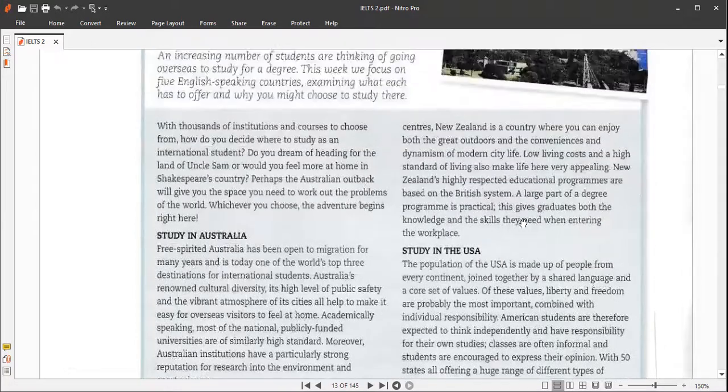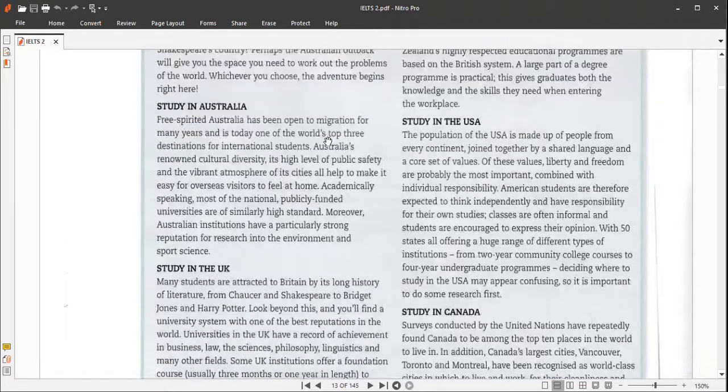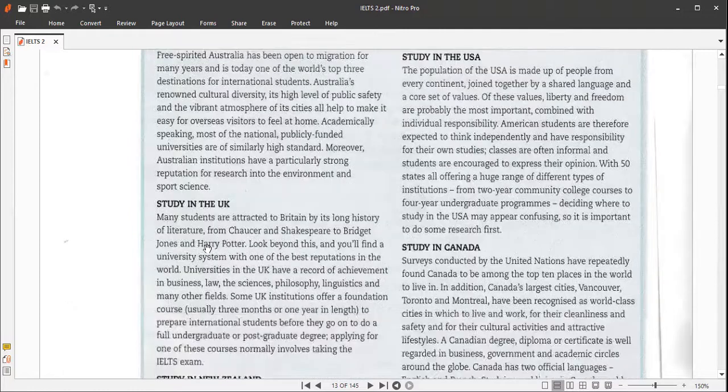Not here. Not there. Australia, I don't think so.